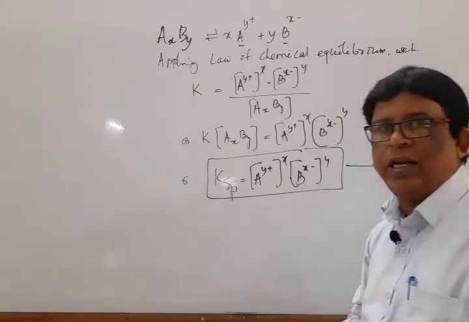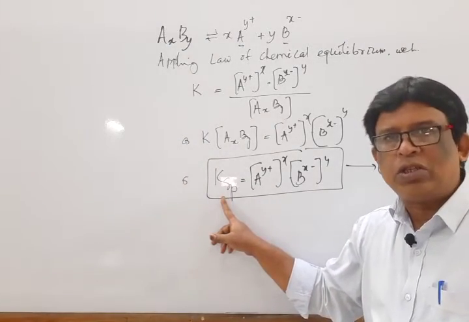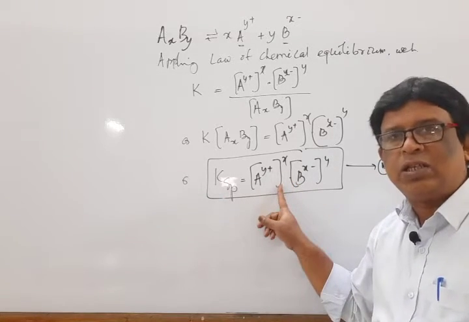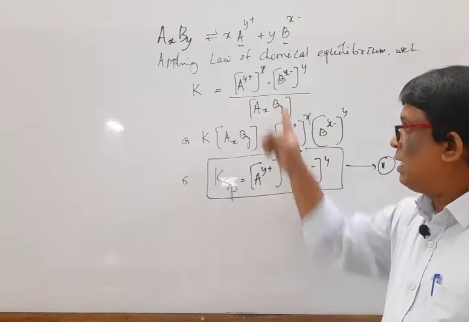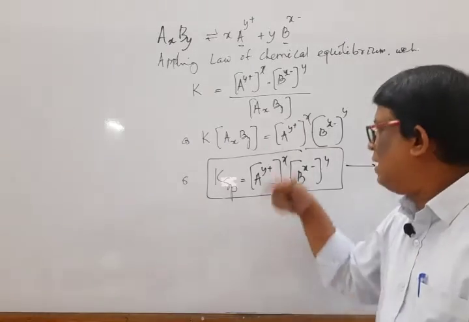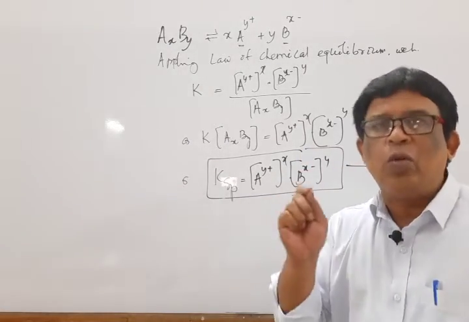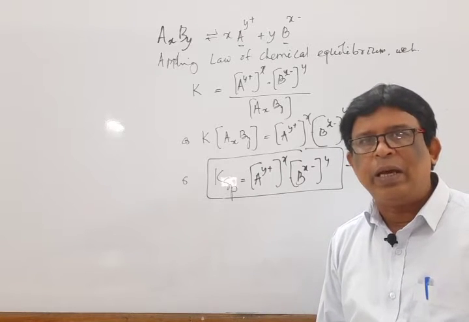From this expression it is clear that the solubility product of a sparingly soluble salt may be defined as the product of the molar concentrations of the product species, each concentration term raised to a power equal to its coefficient in the balanced chemical reaction.